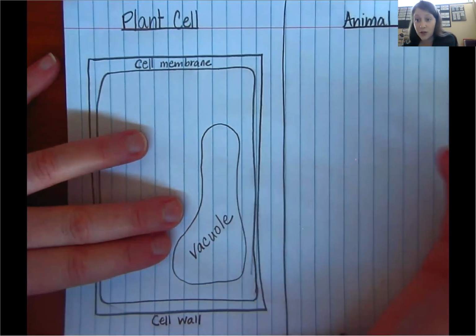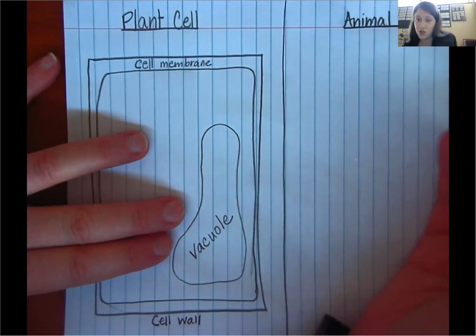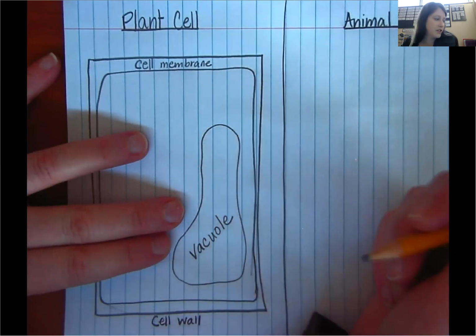So the size of the vacuole depends on how much water the plant contains at that moment. It's actually possible to burst it with too much water, or to starve it of water and have it shrivel up and die, hence your plant not making it. So the vacuole is very important for storage.